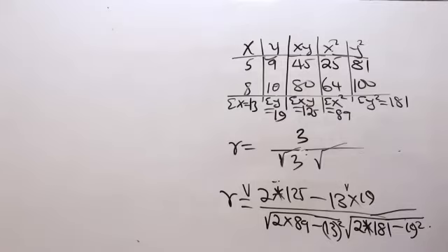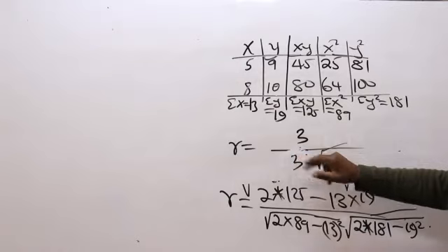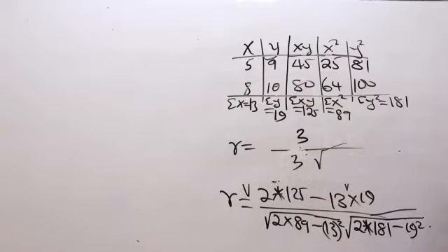So just using your calculator, it will be 2 times 89 minus 169, which will be the square root of 9. So square root of 9 gives me what figure, somebody there? 3. That gives me 3.